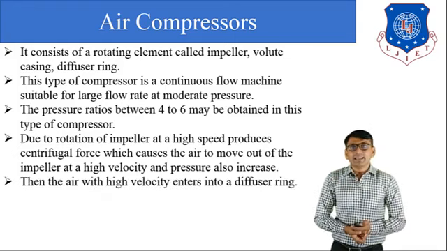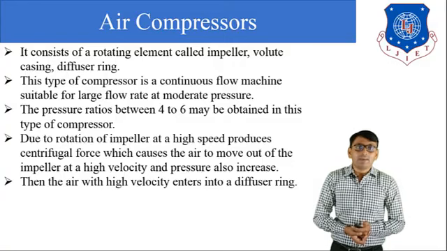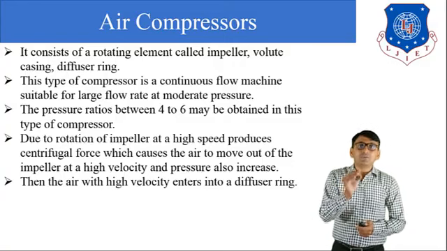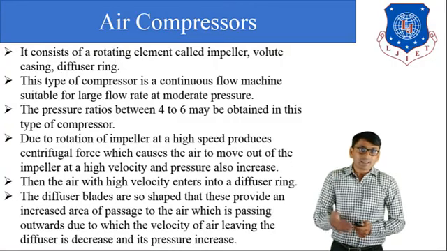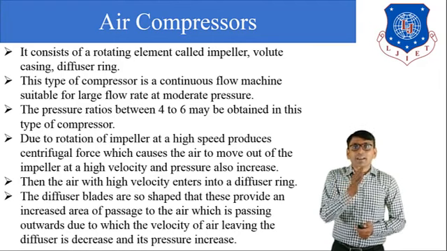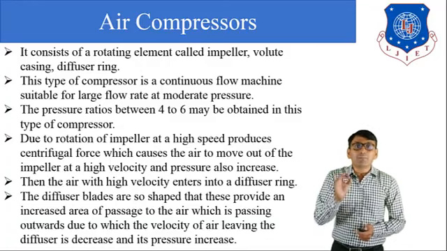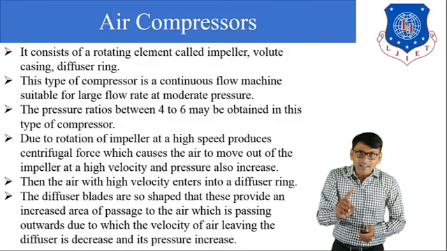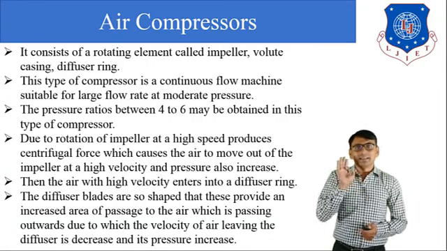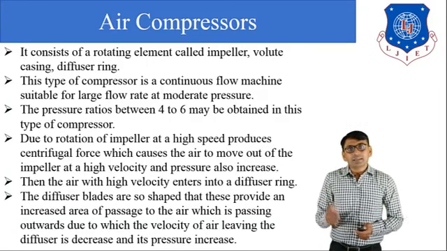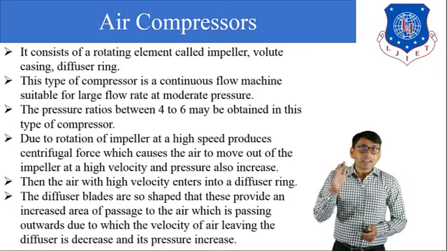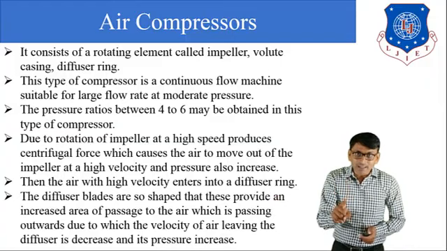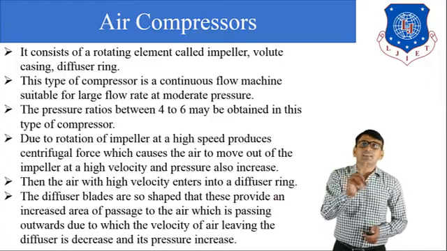Then this air with high velocity enters into the diffuser ring. The diffuser has diffuser blades, which are so designed that when air passes through the diffuser blades, its pressure increases but velocity decreases. So in both impeller and diffuser, pressure increases, but in the impeller velocity increases and in the diffuser velocity decreases.